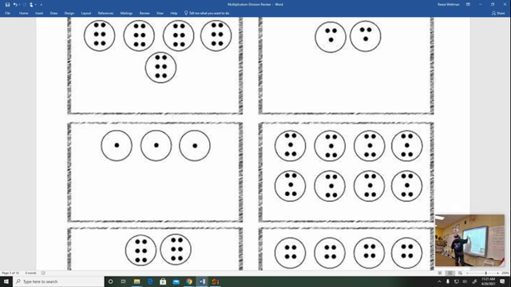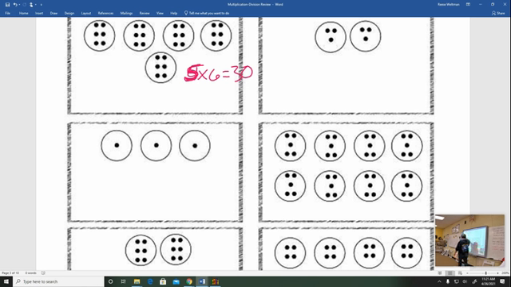Esther, how many dots do I have in here? 6. There's 6, right? So we know that it's 5 times 6, because we have 5 circles with 6 in each. What's 5 times 6? 30. So what's the division problem then?